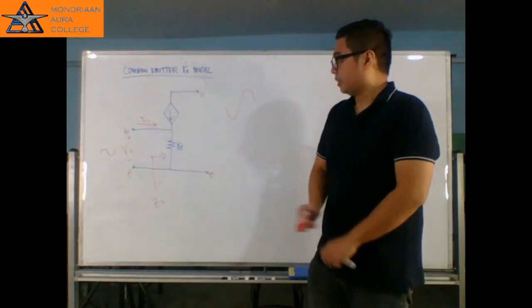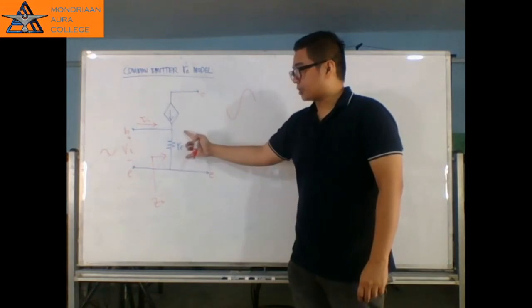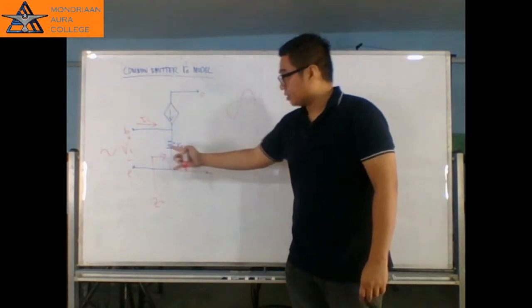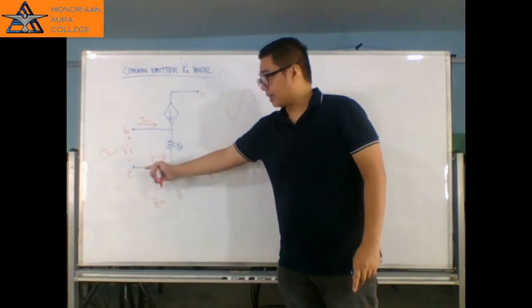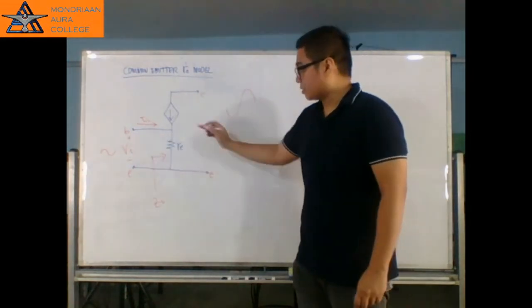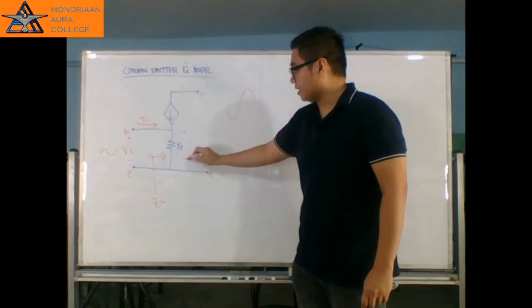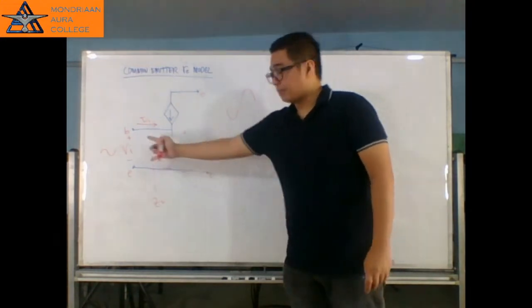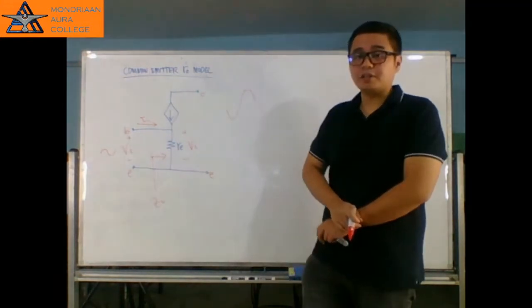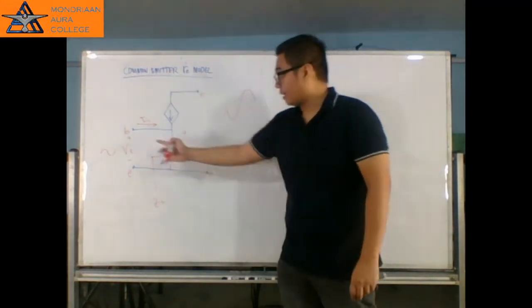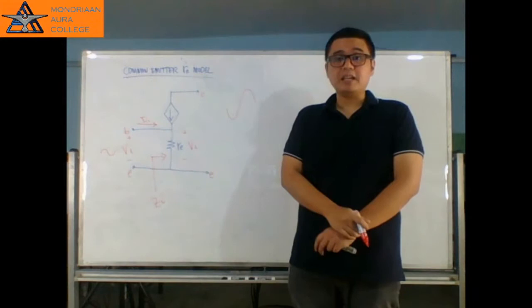Okay. So, what will be the voltage across the R sub E? As you notice here, yung V sub I is directly applied sa base and emitter terminals. That is why the voltage across R sub E is also equal to V sub I. So, nakaparallel, di ba? Or, just to simply state it, it's directly applied to R sub E.